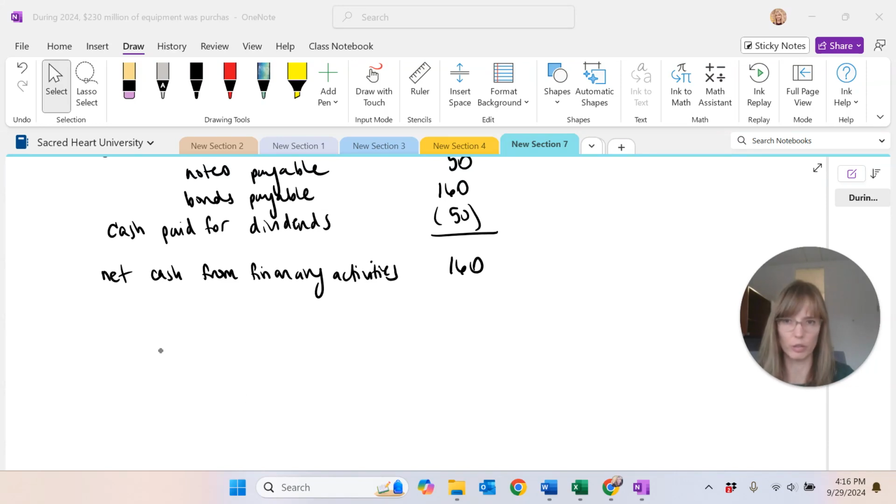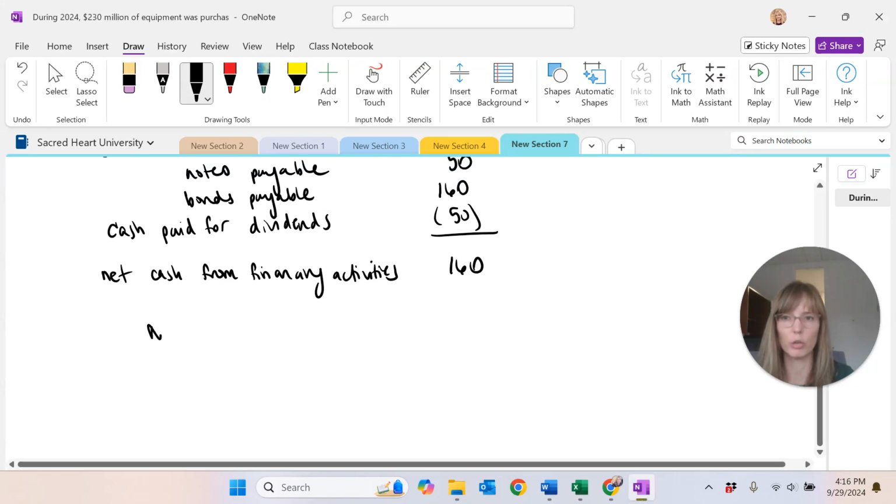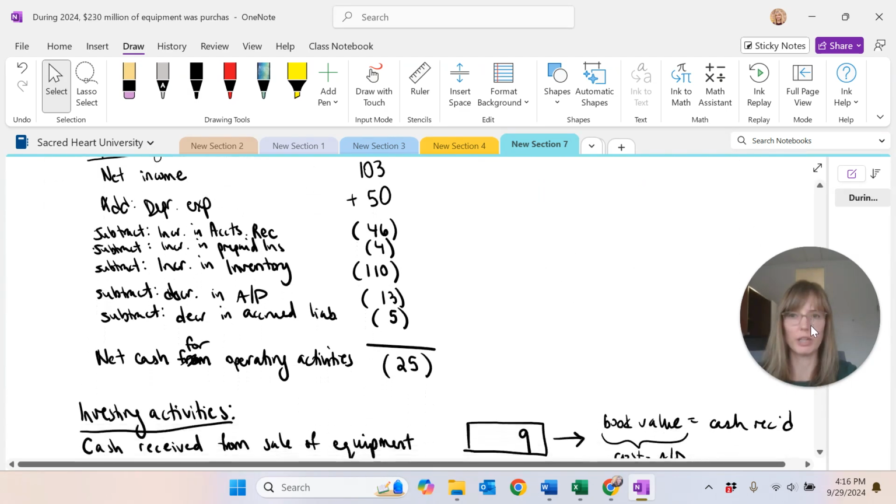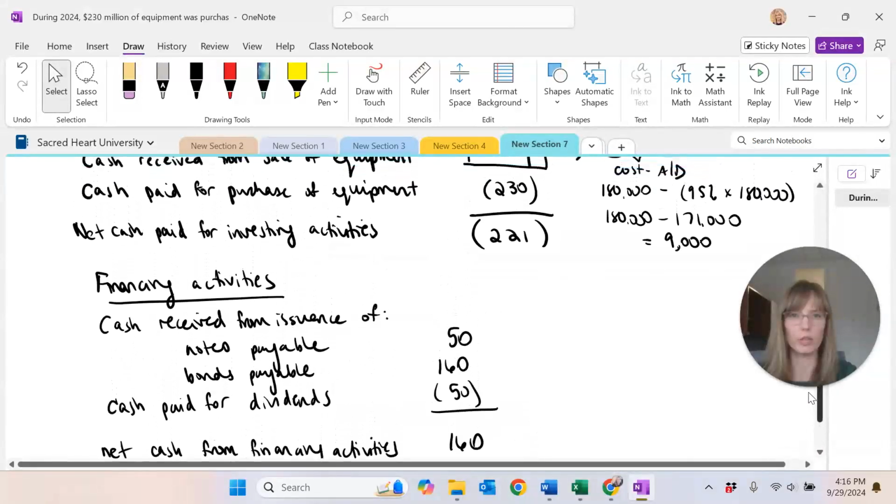Now, even though we've, at this point, given the investors everything they need to know, we're still going to finish this little reconciliation here and show the net change in cash. And we're going to add up the sum of what we have in the operating, the investing, and the financing sections. So operating, we had a net cash outflow of 25. Investing, we have a net cash outflow of 221.